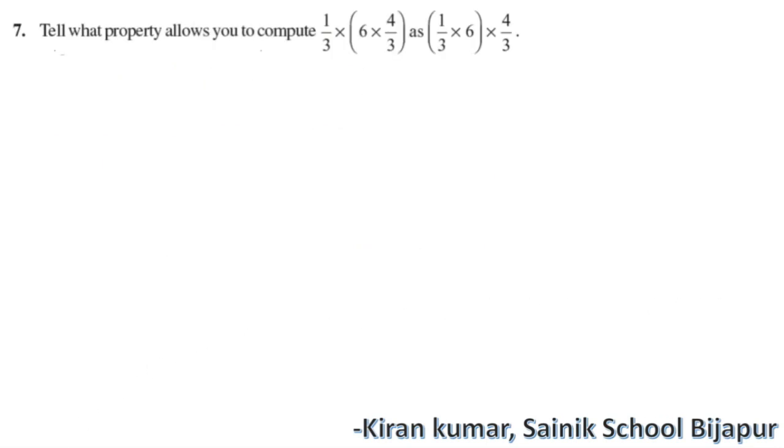Question number 7. Tell what property allows you to compute 1 by 3 multiplied to 6 times 4 by 3 as 1 by 3 multiplied to 6 multiplied to 4 by 3.